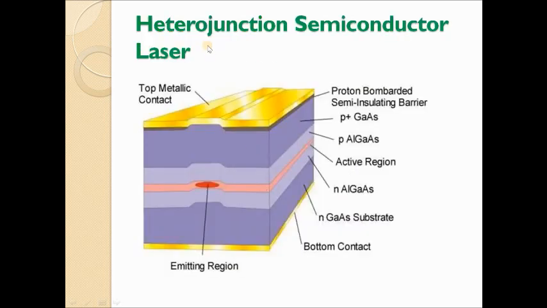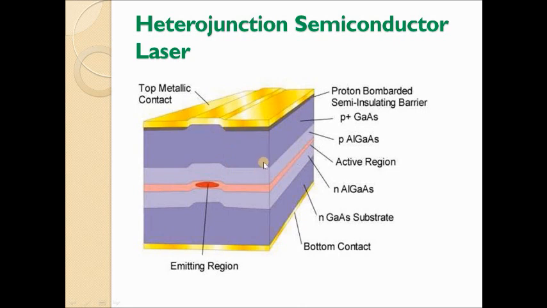Next, we shall see about the heterojunction semiconductor laser diode. A diode laser with a PN junction made up of different semiconductor materials in two regions, that is N-type as well as P-type, is known as heterojunction semiconductor laser.